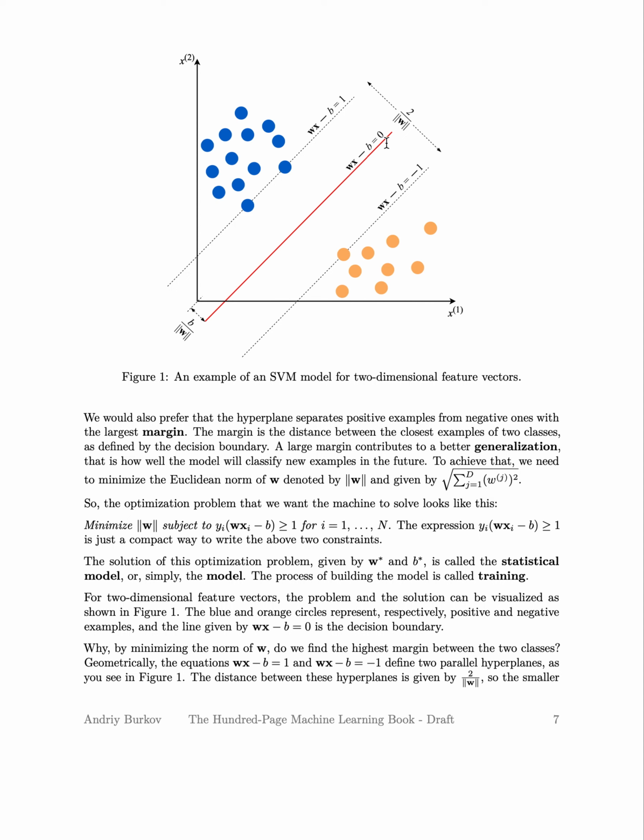That is why we have created the decision boundary, which has a main decision boundary and our two lines which are used for prediction. This margin, which is the space between the red line and the dotted line, is used for better generalization. This distance will ensure how our model will classify new examples in the future.